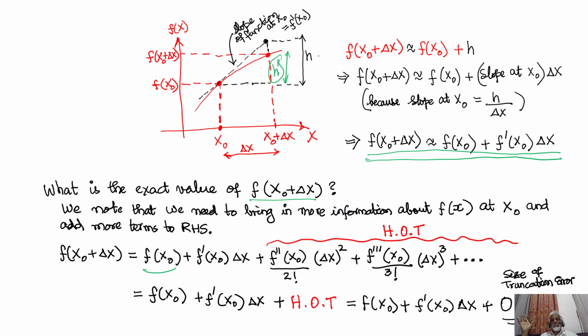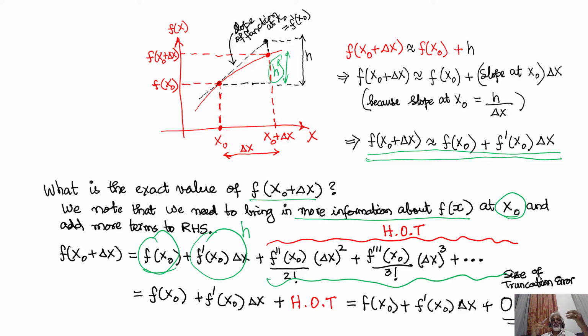So how do you get a good value of h dash? We do that by including other terms, right? So this you see is f of x naught. This is something we have seen earlier. This is h. Now we have to add other terms that bring in more information about the function around this point x naught. That means we would be interested in the curvature of the function.